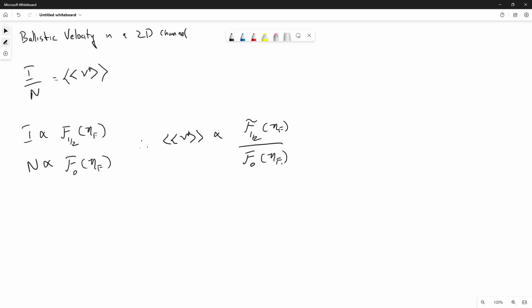So the injection velocity will also be dependent on the Fermi integrals. But the velocity will always be a ratio of two integrals. Current, charge, conductance, these are all single integrals. The velocity will be a ratio of two integrals.